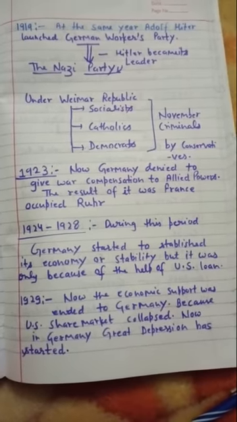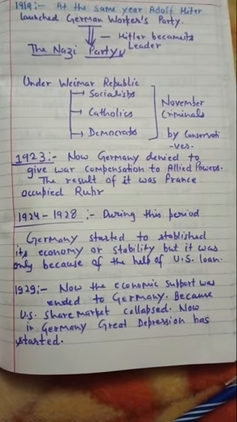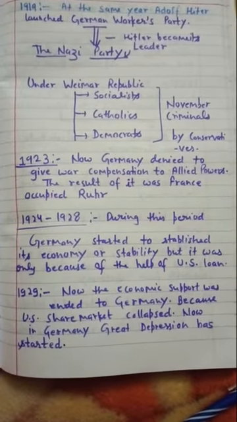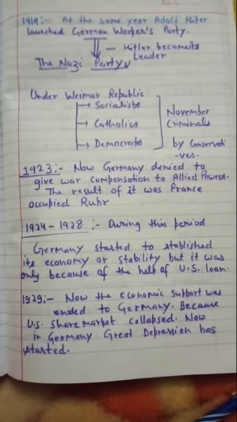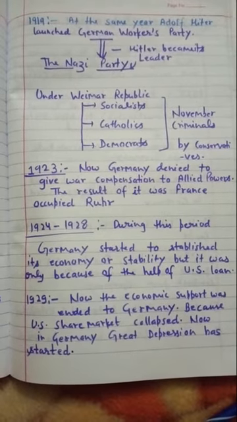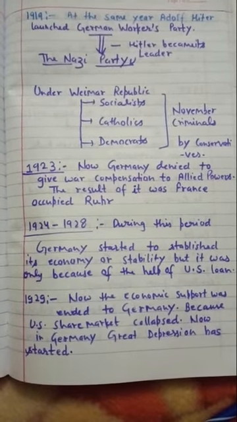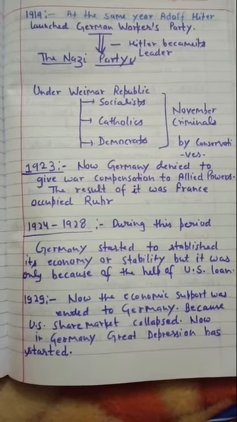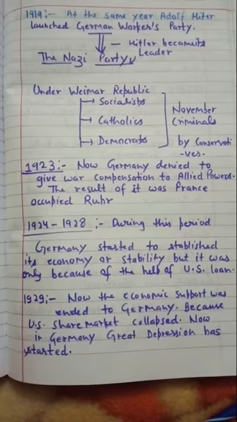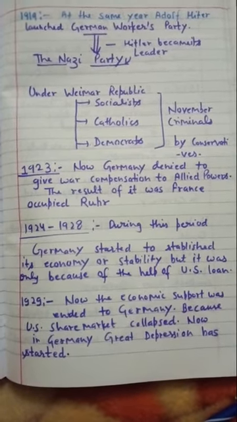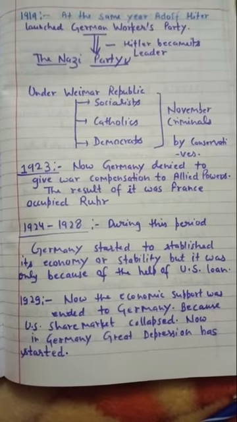In 1924 to 1928, Germany started to establish its economy, and it gained stability, but only because the US was providing loans to Germany so that they could establish their industrialization and industry during 1924 to 1928.